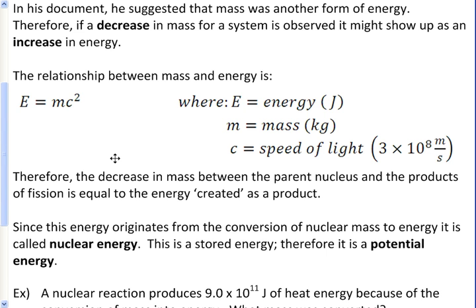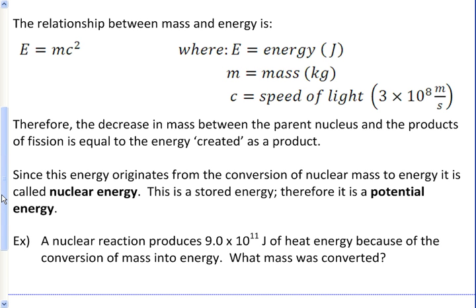So kinetic and potential energy are the same thing, they're just in different forms of one another. So he said, if they are the same things, then we should be able to convert mass into energy, and we should be able to convert energy into mass. That was his theory. So then he started to think about this and started trying to find ways to find this out.